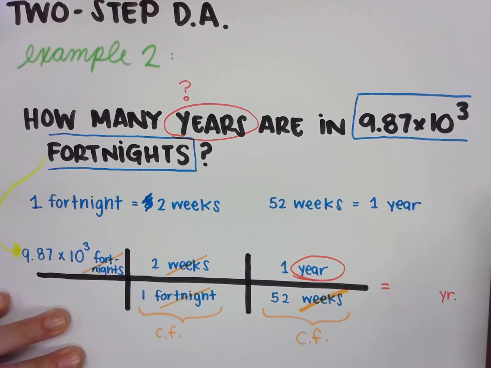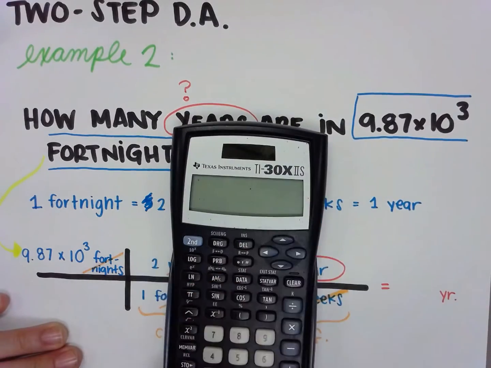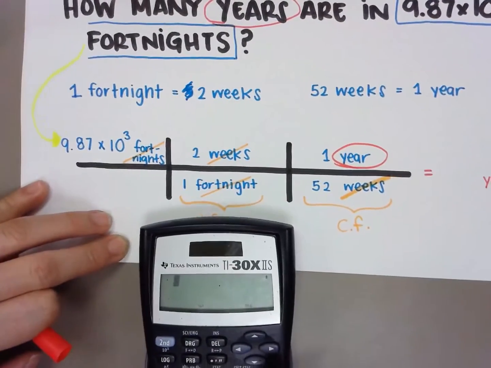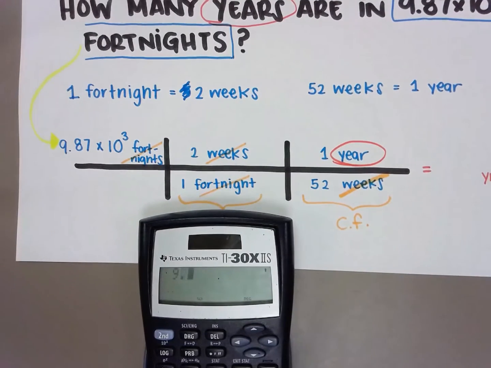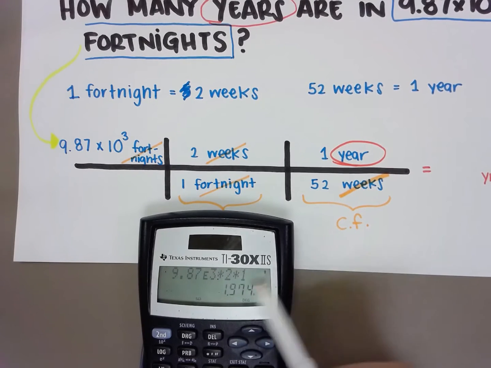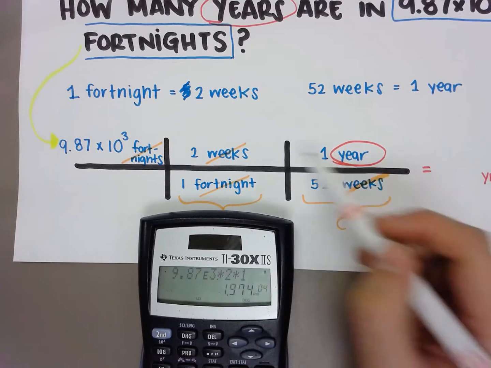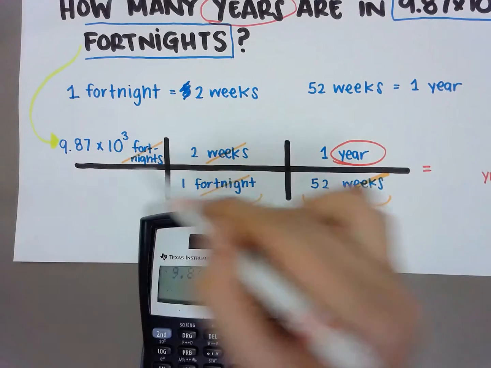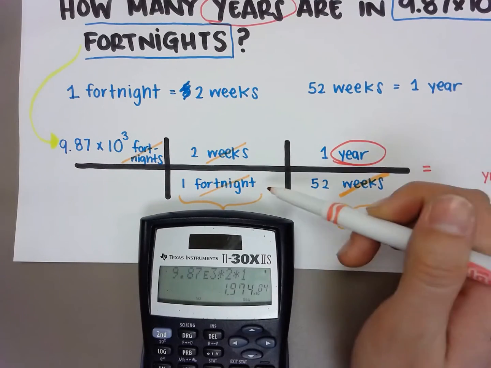All you have to do now is the math on your calculator. Remember that PEMDAS does matter, so we're going to plug this in: 9.87 e to the third power times 2 times 1, and hit enter. This is the product of my numerator. Now we have to divide by the product of my denominator.